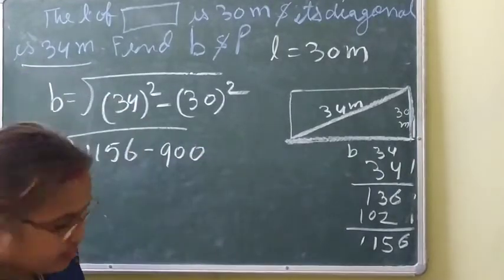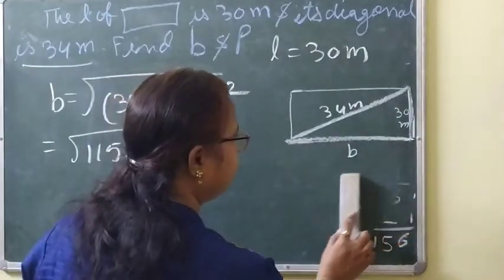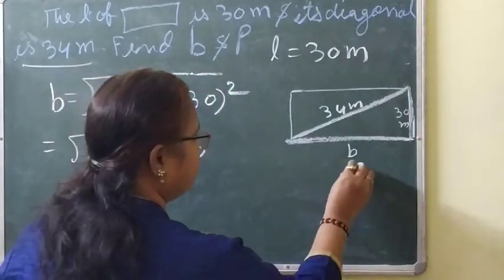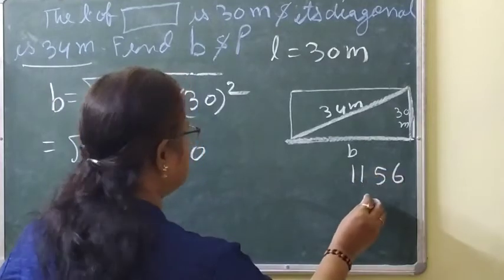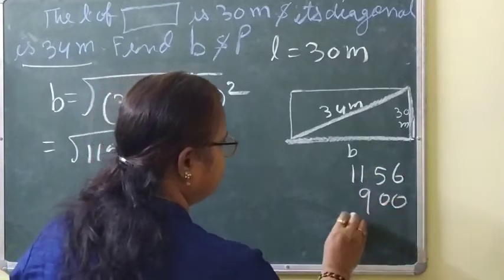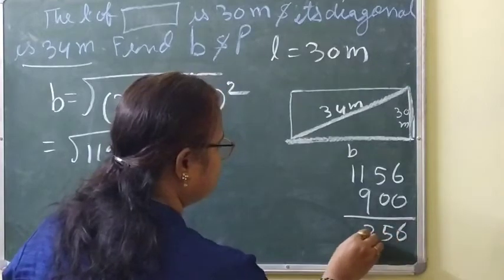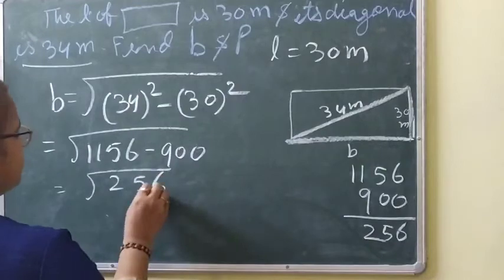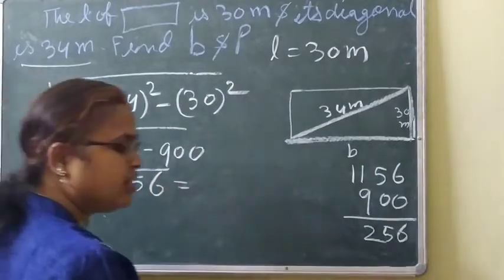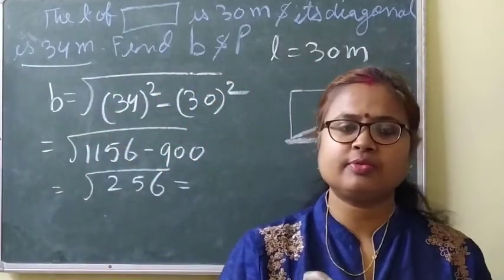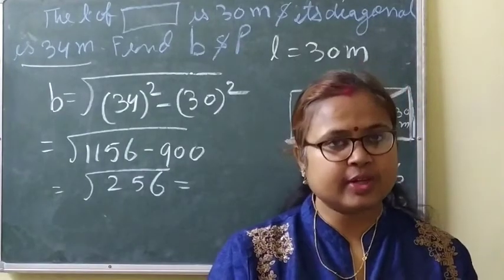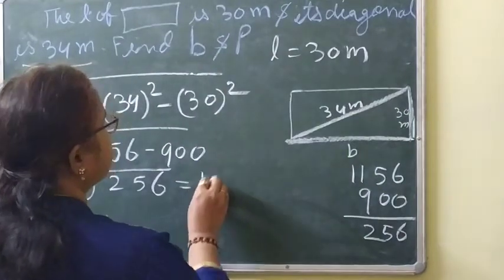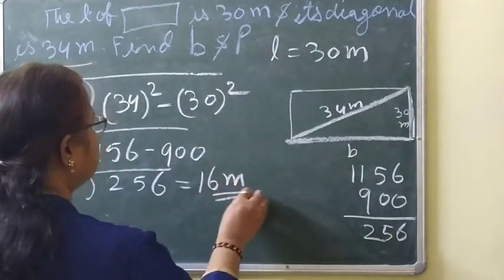So from 1156 we will subtract 900. 256. So what we will get here? 256. And 256 is the square of what? What is the square root of 256? 16. Because the square of 16 is, yes, 256. So here it will be 16 meter. This is the answer.